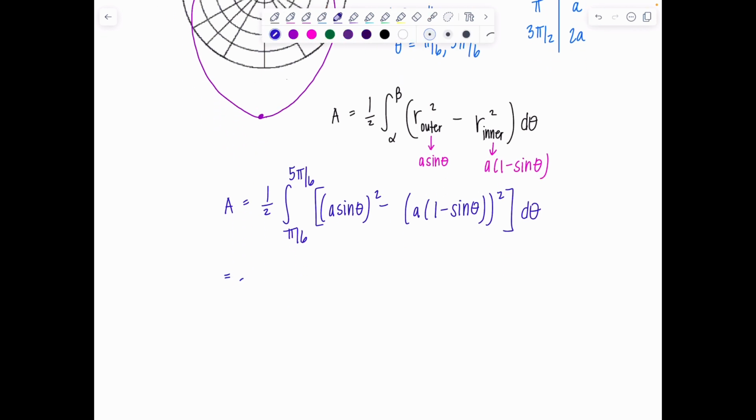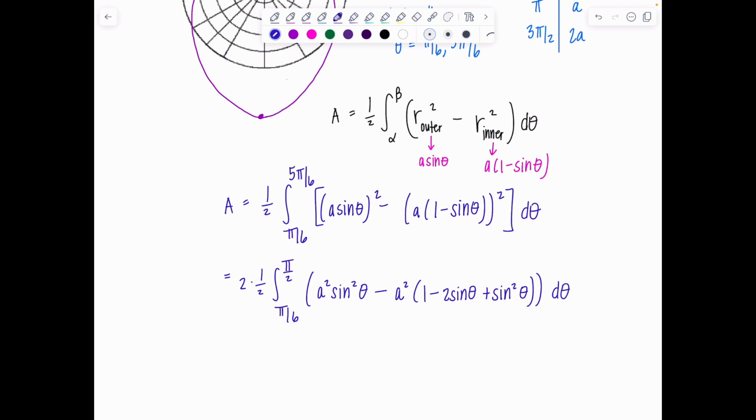So I have 2 times 1/2. I'll write all that out so you know where everything's coming from. Pi over 6 to pi over 2. And then we're going to have a squared sine squared theta minus a squared times 1 minus 2 sine theta plus sine squared theta d theta.